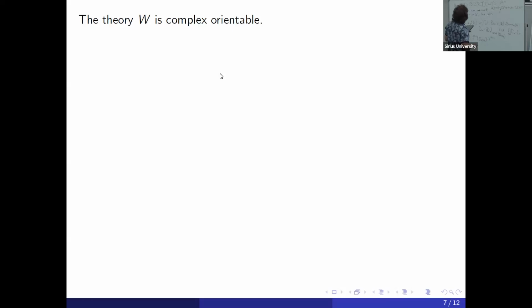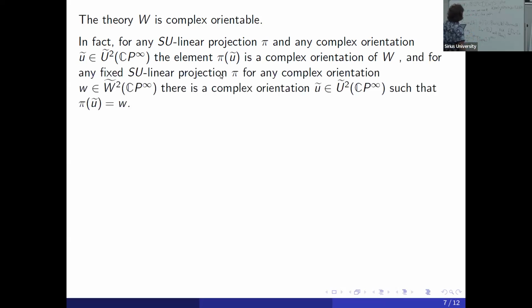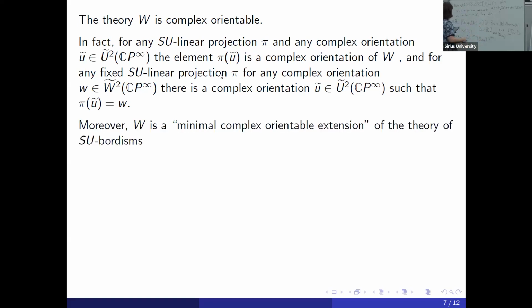Okay, the theory W doesn't have one natural multiplication, but in some properties it's better than MSU. For example, it's complex orientable. In fact, any SU linear projection and any complex orientation of complex bordism define a complex orientation of W. For any fixed projection and any complex orientation, we can obtain this orientation of W from some orientation on complex bordism.